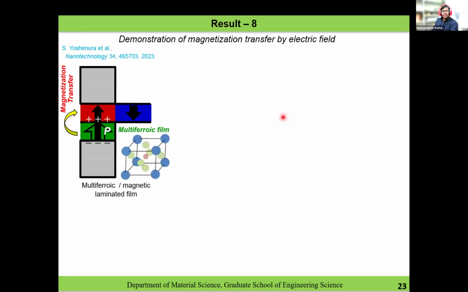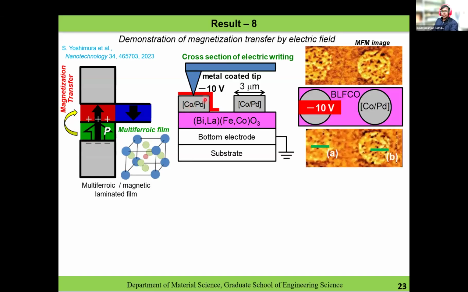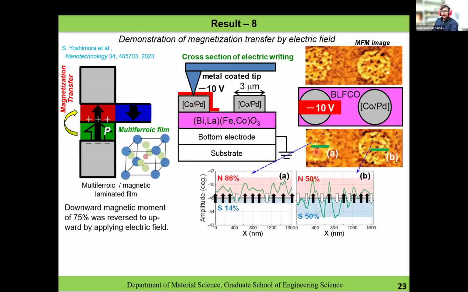In the second case, we also showed the magnetization transfer, because after writing data, the data should be transferred from the multiferroic layer to the nanowire. Here we considered the metal as cobalt palladium, and the BFO material was BLFCO. We found a switch of 75%.